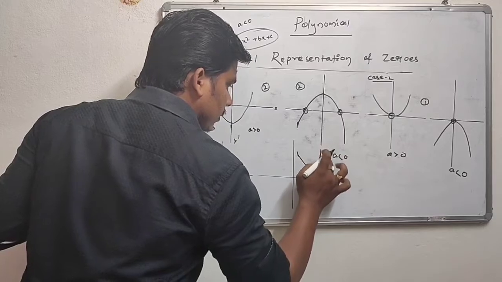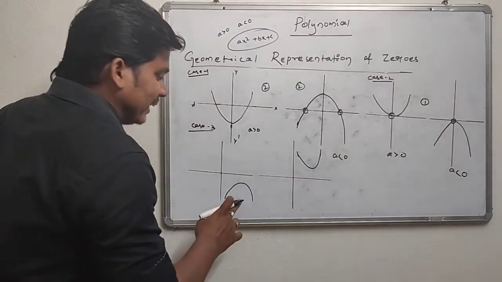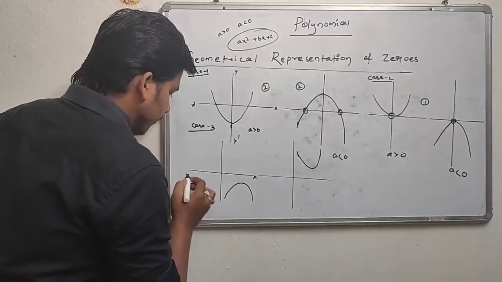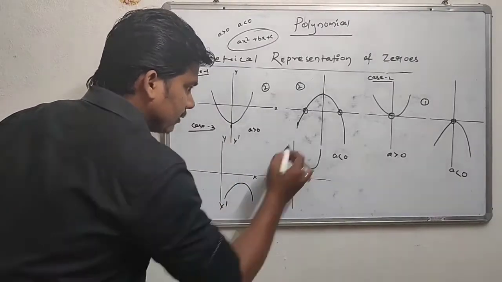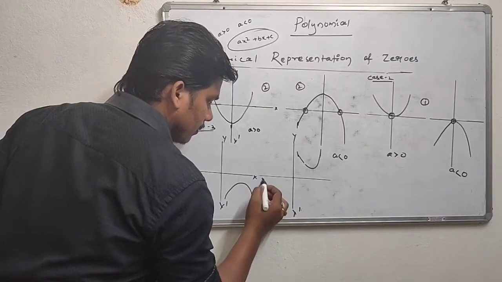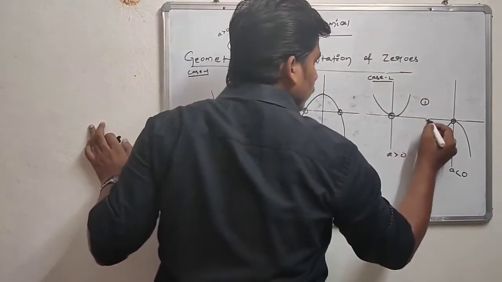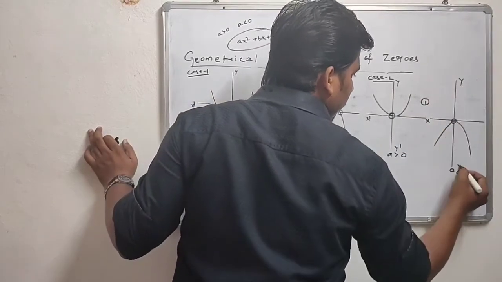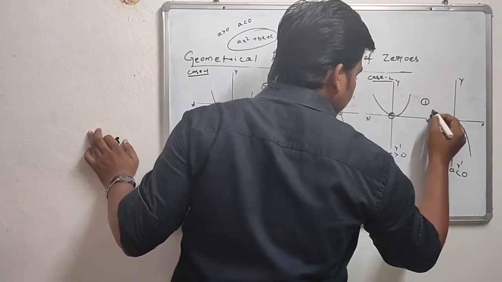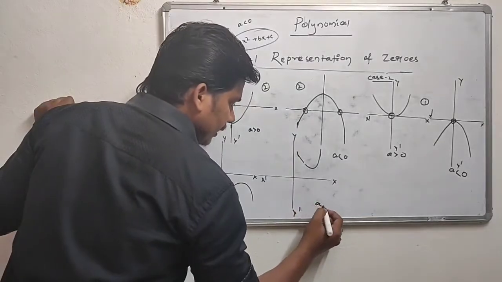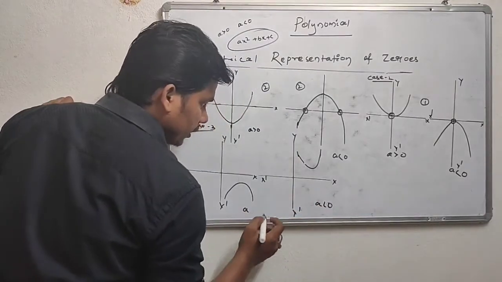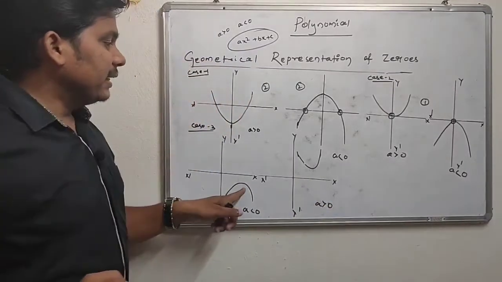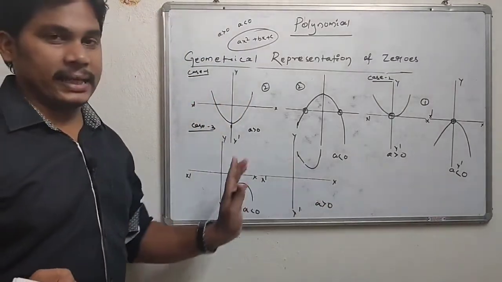But as in the case of C, this is like this or like this. Here it never meets the x-axis. Here it is a less than 0, sorry, it is a greater than 0. See, here it never meets the x-axis at any point.